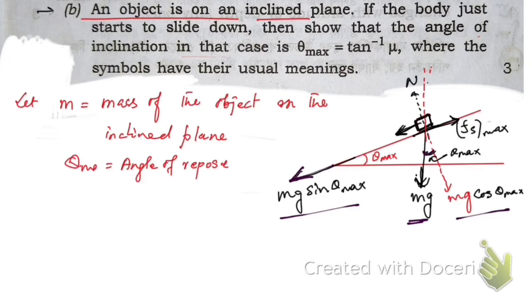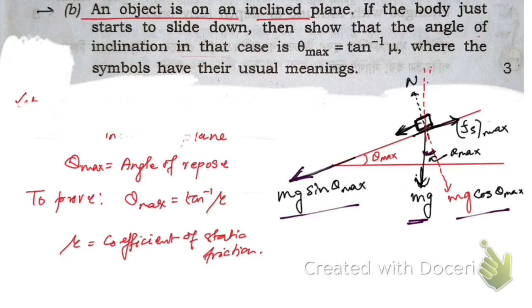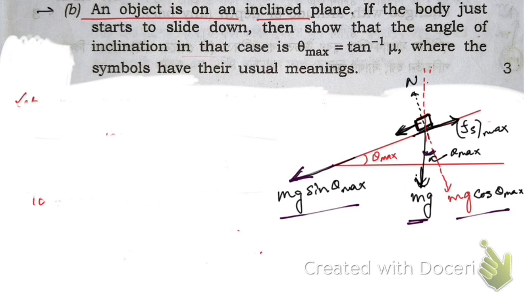Theta max. And to prove, here we are to prove that theta max is equal to tan inverse of mu, where mu is the coefficient of static friction. Now pause the video and note this, because I'm going to clean these things. Okay, pause the video and note this. So now you see, let me clean this first. Hope you have noted this.